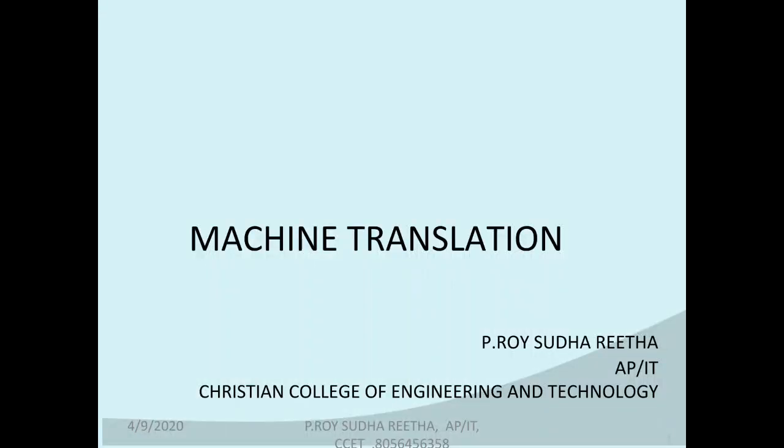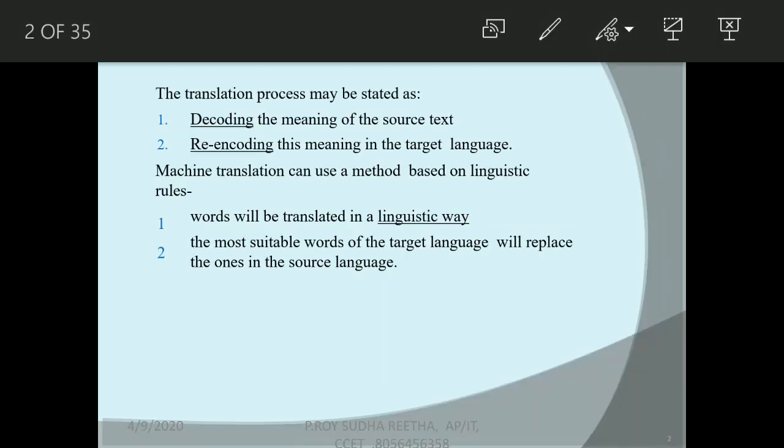In this video lecture, we are going to discuss machine translation, which belongs to unit 5 of computational intelligence. In machine translation, we are going to define what is meant by translation. As we all know, translation involves two processes: one is decoding and the other is encoding.